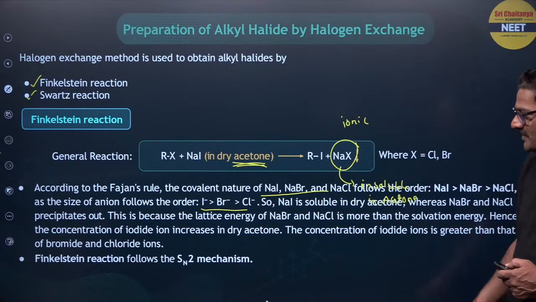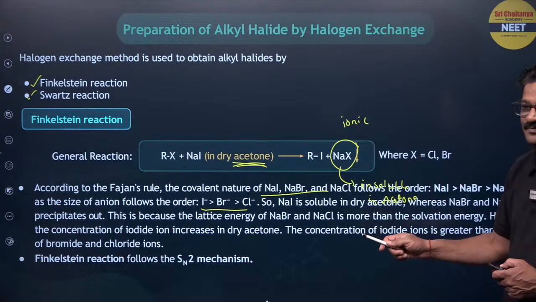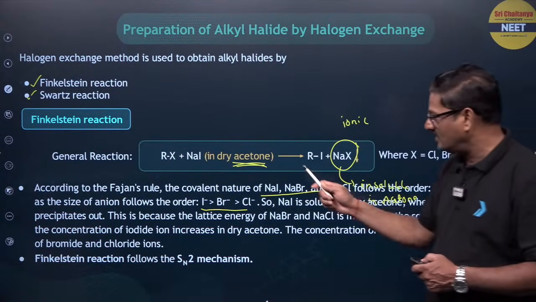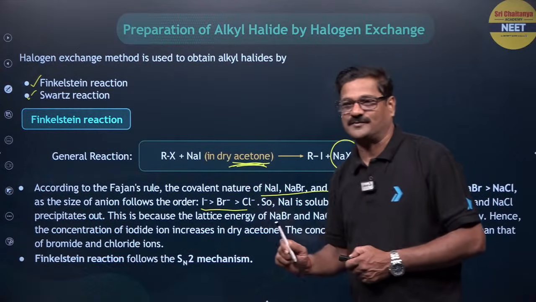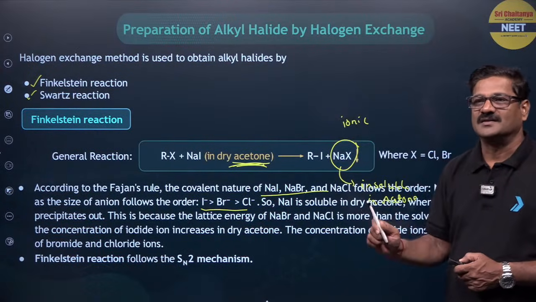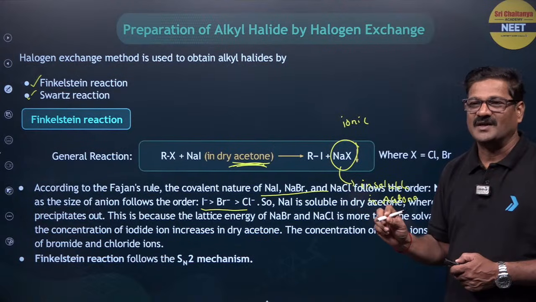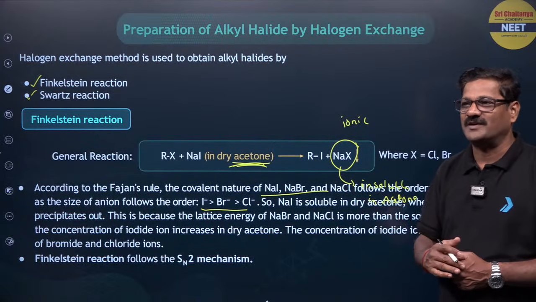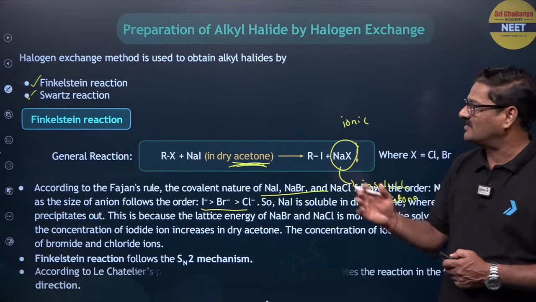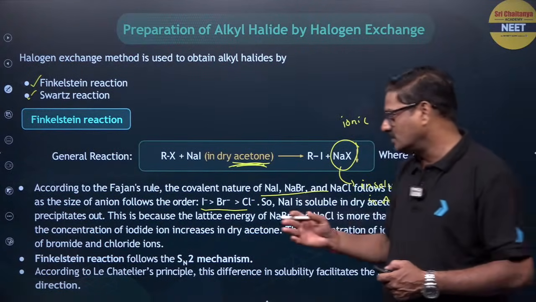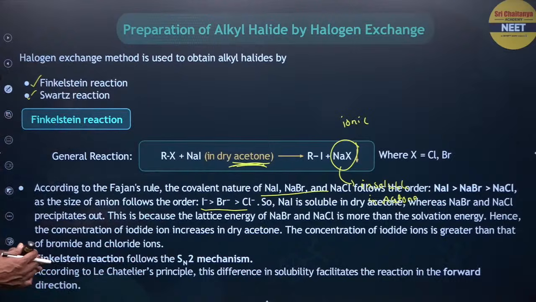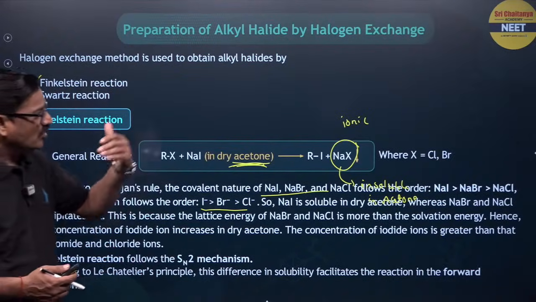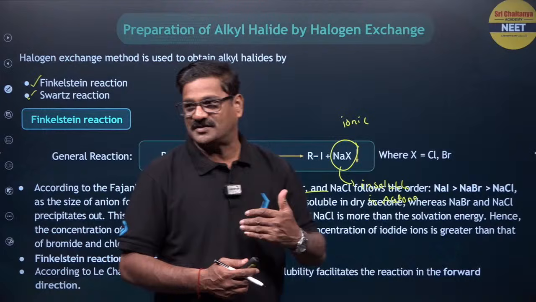Talking about the Finkelstein reaction, it follows SN2. SN2 requires polar aprotic solvents like acetone, while the Swarts reaction follows SN1. According to Le Chatelier's principle, the difference in solubility facilitates the reaction to proceed more in the forward direction.